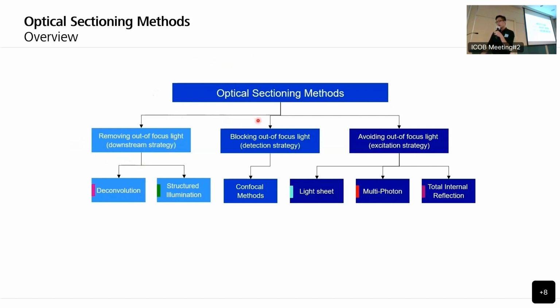In the middle is the one you are very familiar with, which is confocal microscopy. And for this one, maybe you also use the multiphoton microscope. For this group, scientists try to deal with the out of focus structures or signals by altering the light paths. We will go into detail later.